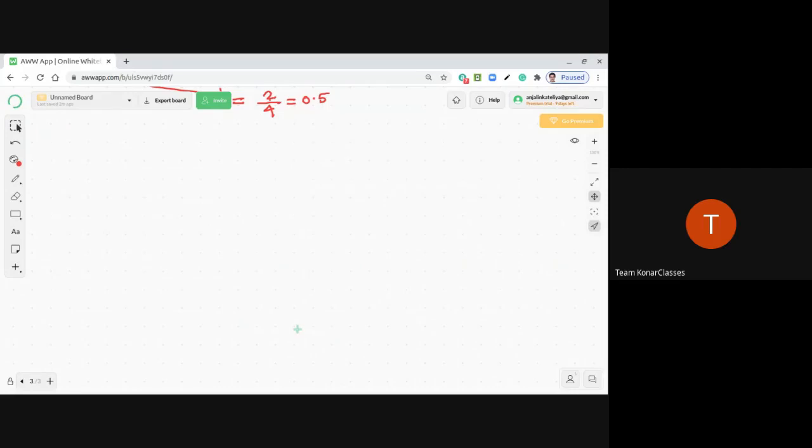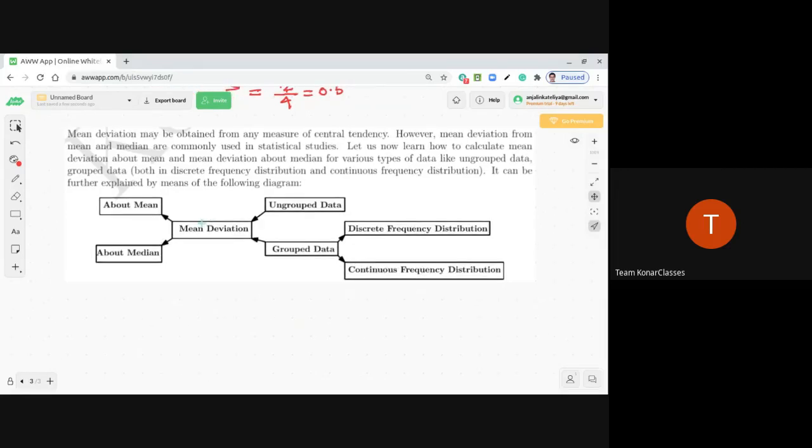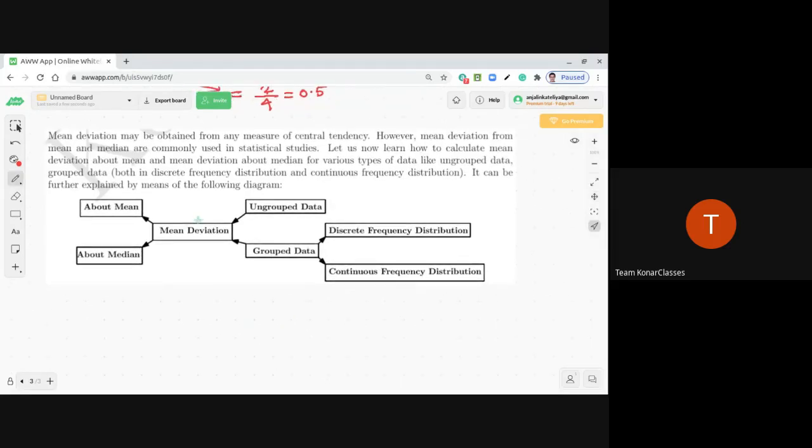So here I'm going to use different colors as well. So what is our purpose? Our purpose is to find mean deviation, right? Now, mean deviation for ungrouped data. If it is ungrouped data, let me use a different color.